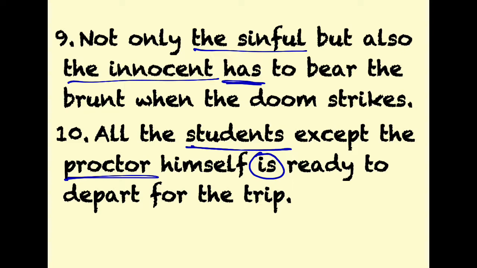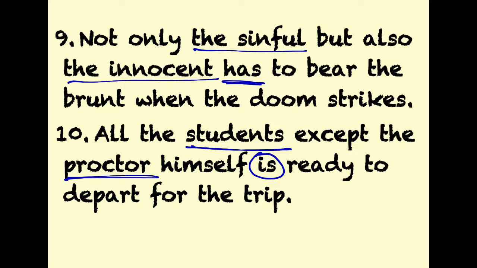These are called adjectival plural nouns, the noun phrases which are derived from adjectives. I repeat it in simple words: the addition of the definite article with adjectives like the rich, poor, diseased, dumb, deaf, blind, sinful, innocent makes the whole expression plural. So the sinful, the innocent, both are plural.